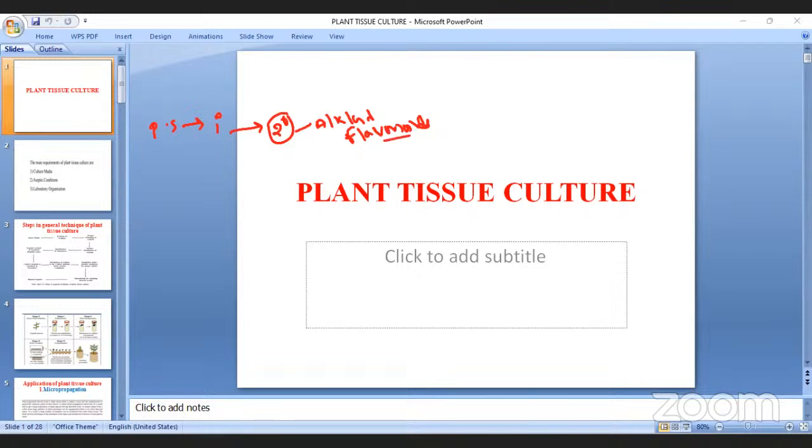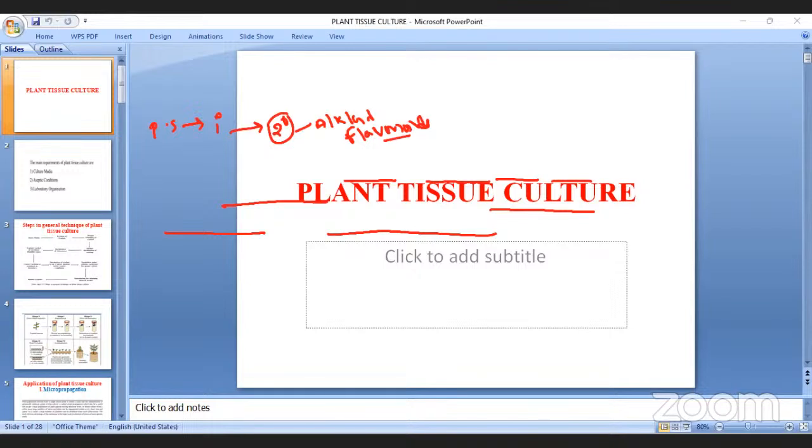But this waste material is excreted in animals, not in plants. Plants store it, so these are beneficial to the plant body. The production of many useful compounds like alkaloids, vincristine, quinine, steroids, glycosidic compounds, essential oils, and coloring agents are all secondary metabolites, and they can be produced by plant tissue culture.